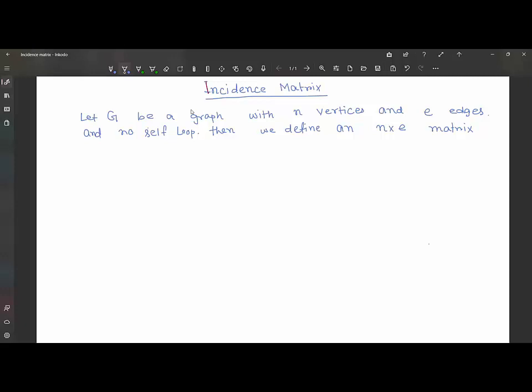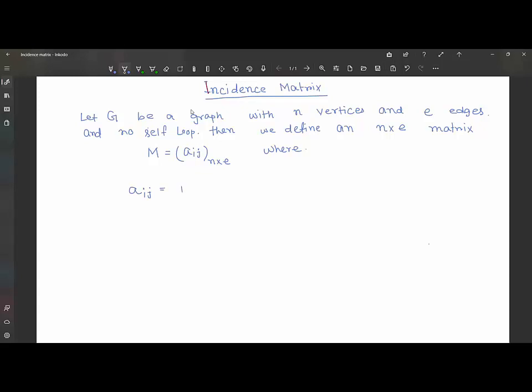So this is an n cross e matrix M, denoted by Eij, where this Eij is defined in this way.